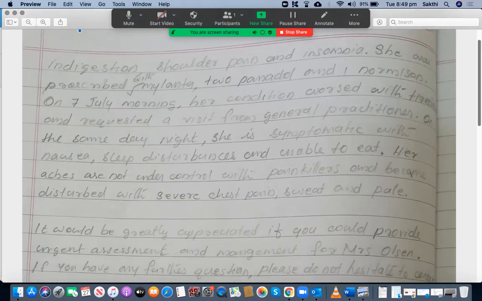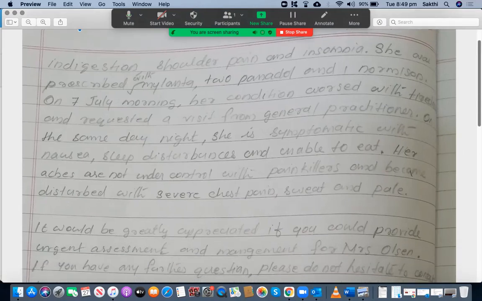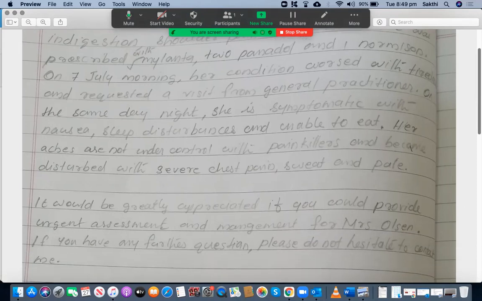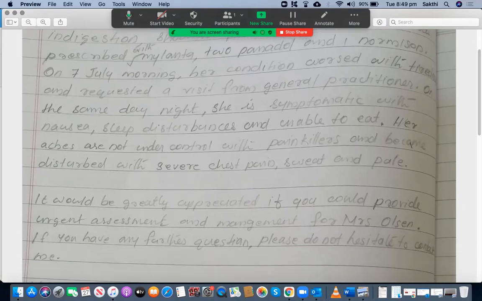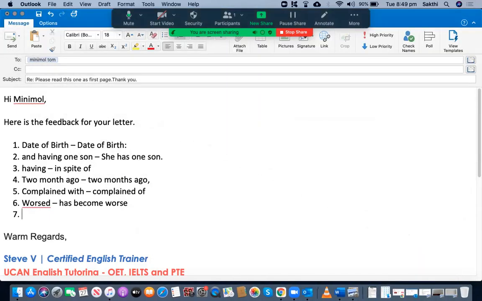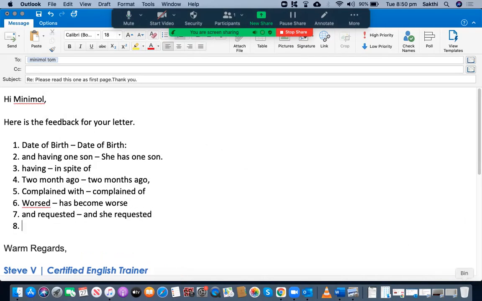With the tiredness, and requested a visit from a general practitioner. So what you should have done is write "and she requested." It's not "and requested" because the subject wasn't appropriate in the same sentence. So you should have written "and she requested." That would be the correct one.